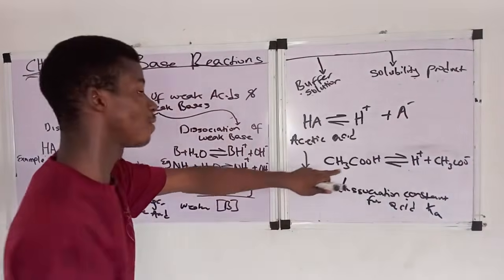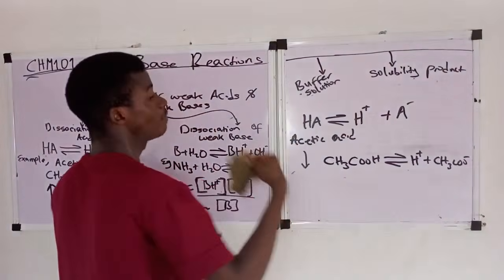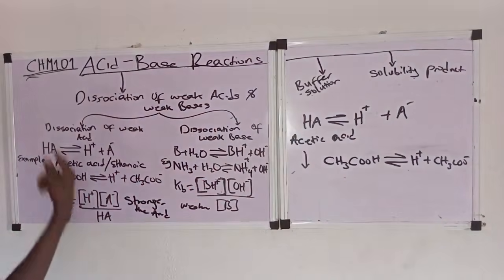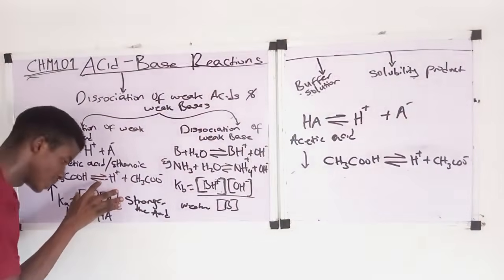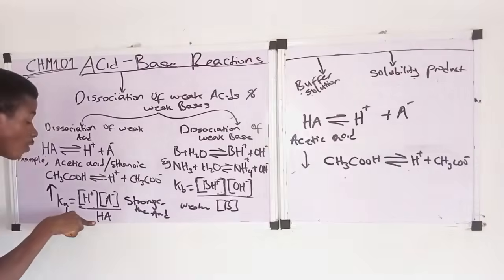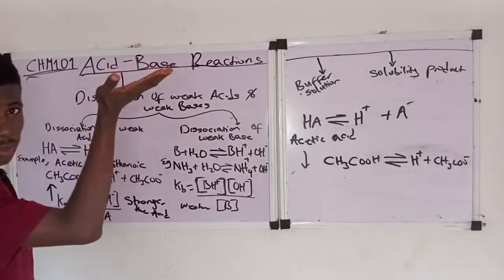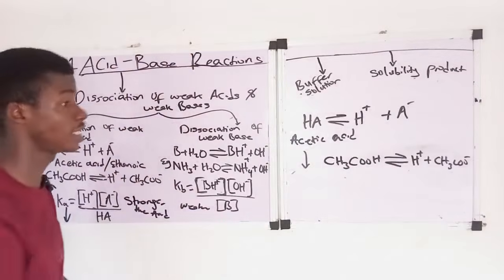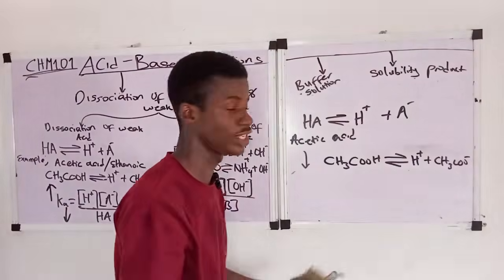Now, if I want to look for the Ka, Ka is equal to the concentration of the product divided by the concentration of the reactant. It is usually product up, reactant down. Now if I'm to look for the Ka of ethanoic acid, it's very easy.